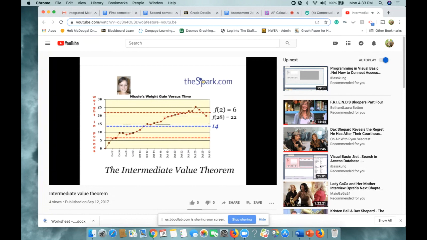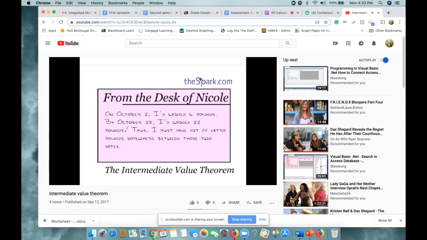We'll say 14 pounds. And I know that Nicole must have gained 14 pounds at some point on the graph between the 2nd and the 28th. Now think about it again. It makes perfect logical sense. If your weight on day 2 is 6 pounds heavier than you started, and on day 28 is 22 pounds heavier than you started, at some point in between there, you had to have weighed 14 pounds more than when you started.